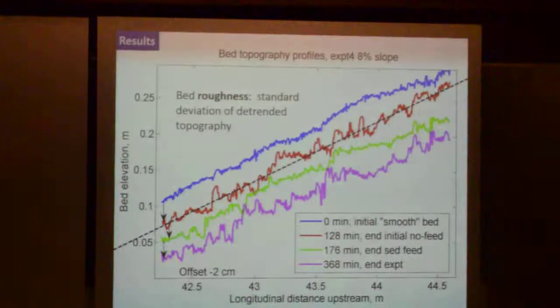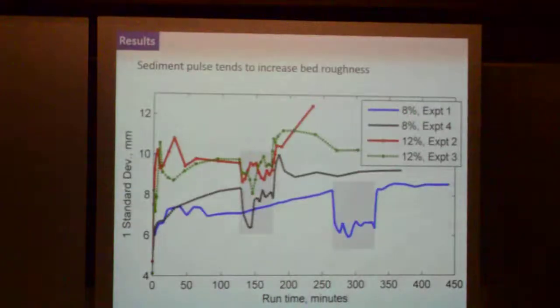What I'm using as a measure of roughness is simply the standard deviation of bed elevations after detrending the topography. So I remove that average bed slope and then look at the standard deviations of the bed. And for those 4 experiments, here's what you see. So we have, again, runtime in minutes, standard deviation of bed elevation, so my measure of roughness.